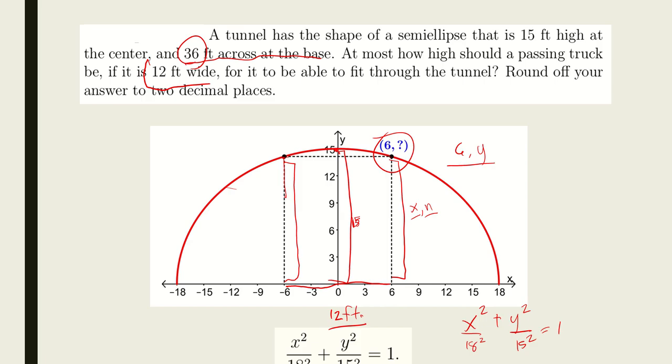And also, we have here y squared, which is the y variable, over 15 squared. Why is it over 15? Because it has 15 units of our y located in the y Cartesian plane, 15 units from 0 to 15 of the semi-ellipse form.